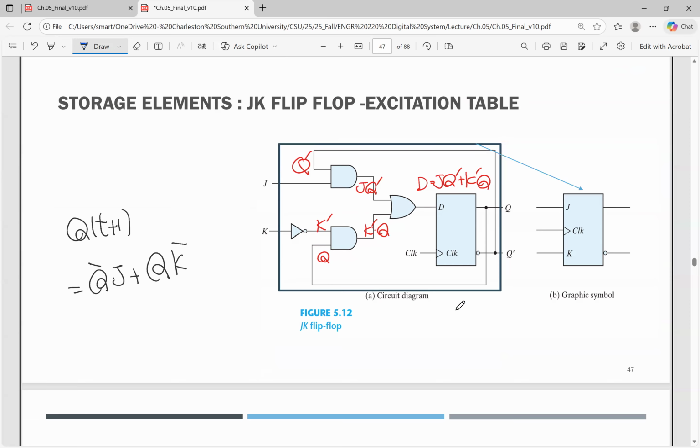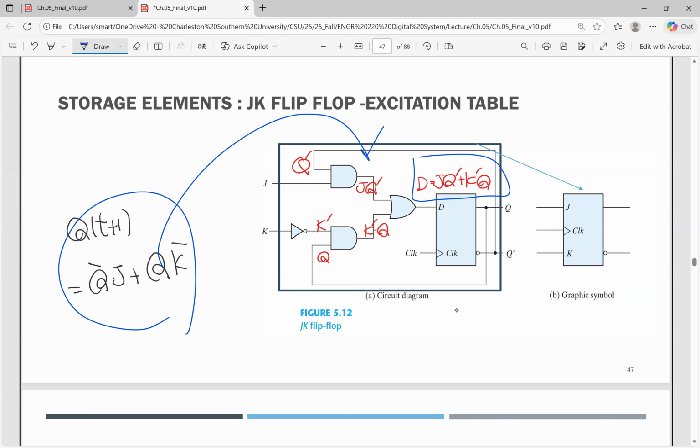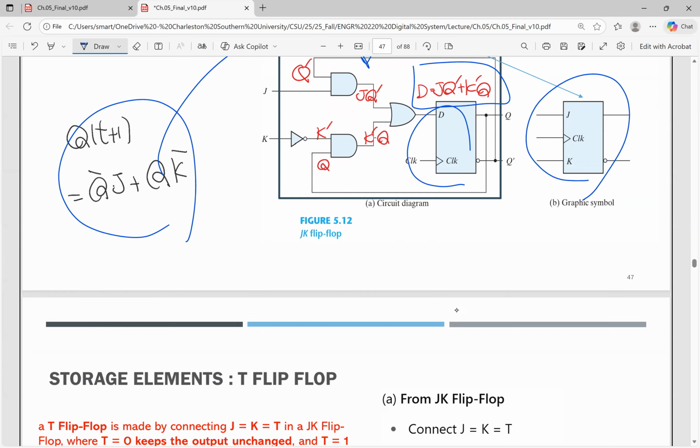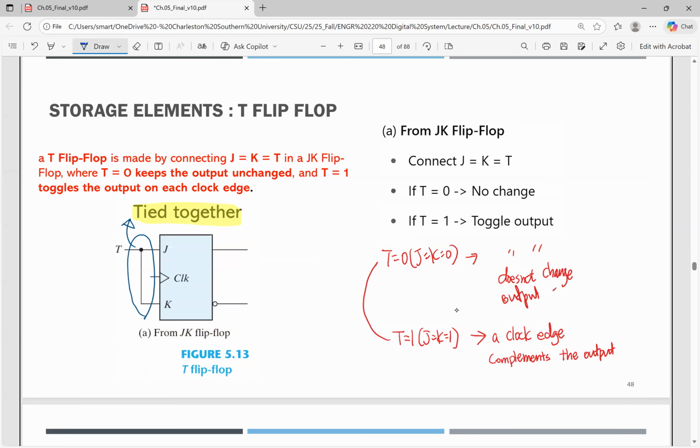Okay. For the future, a lot of questions, maybe for the final exam, based on the circuit and the characteristic equations, you have to draw a circuit diagram. So you have to know the JK, D flip-flop, whatever. You have to practice. Okay.